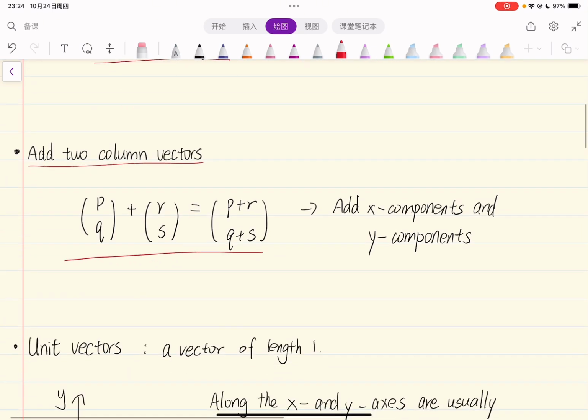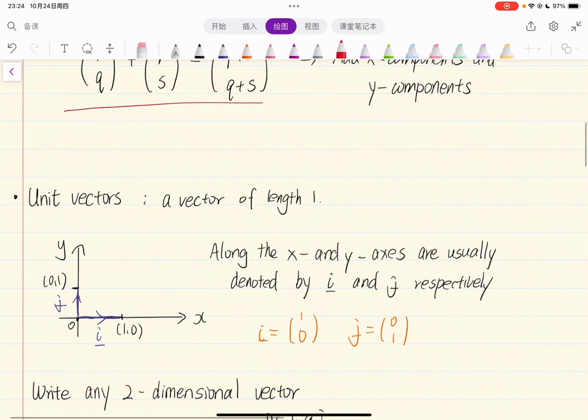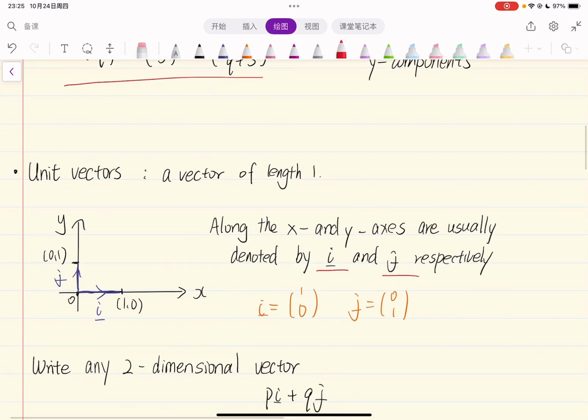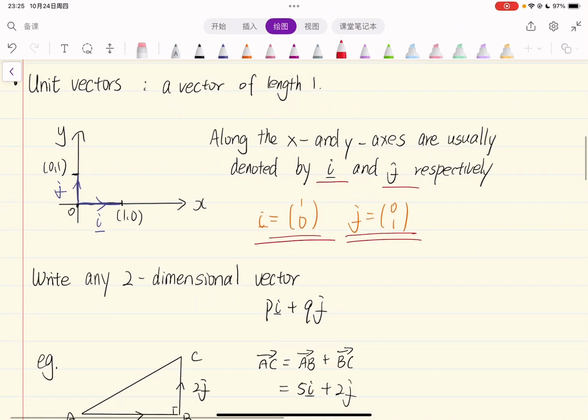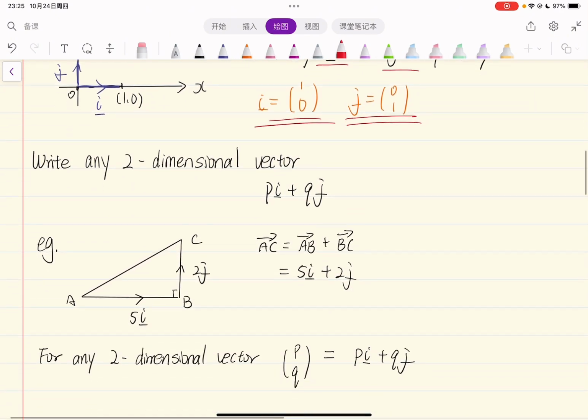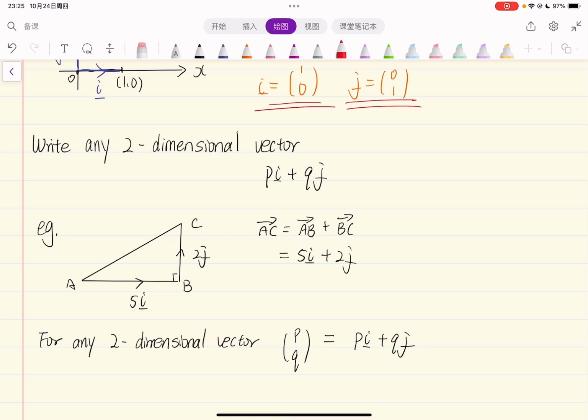You learned that there are unit vectors and we use i and j to represent the unit vectors. So i equals (1, 0), j equals (0, 1). We can also use i and j to write any two-dimensional vector.